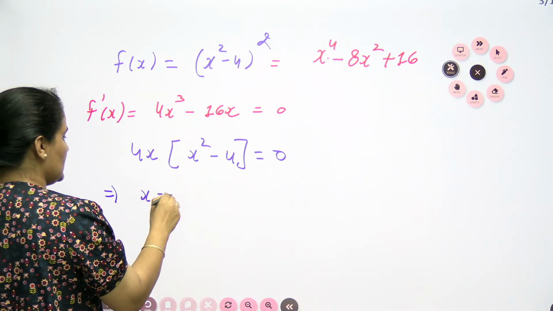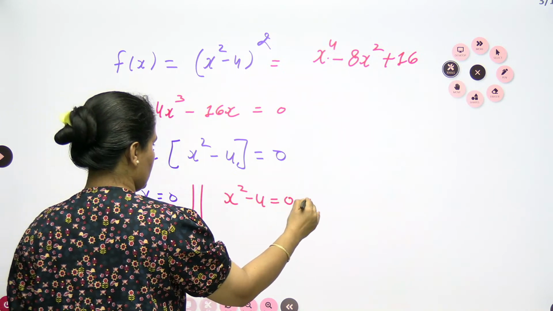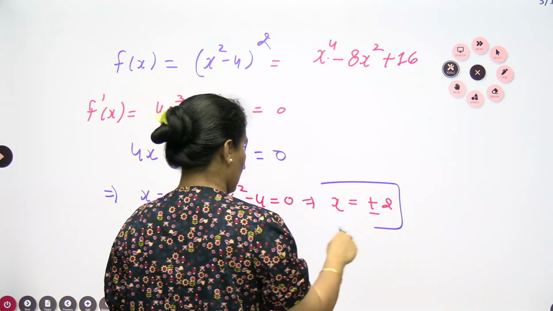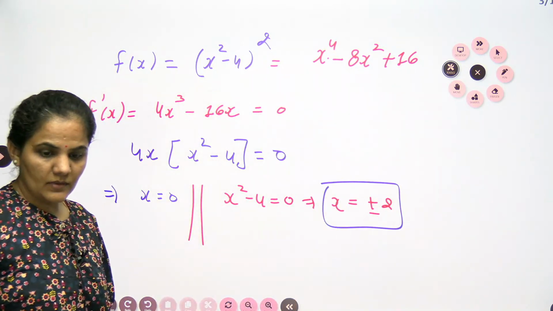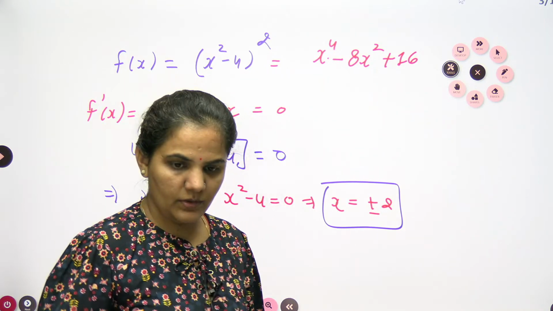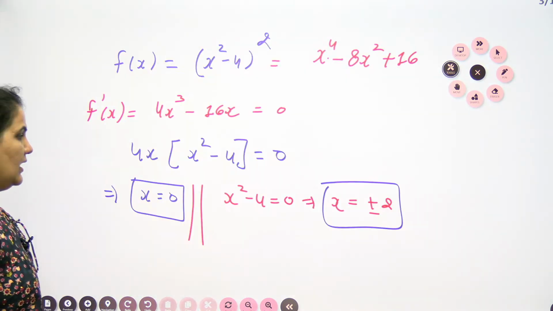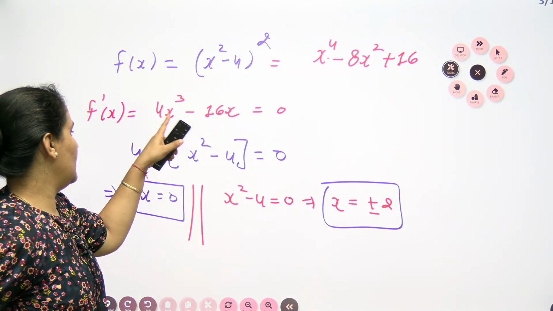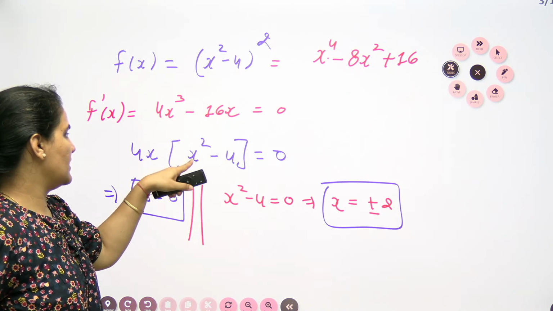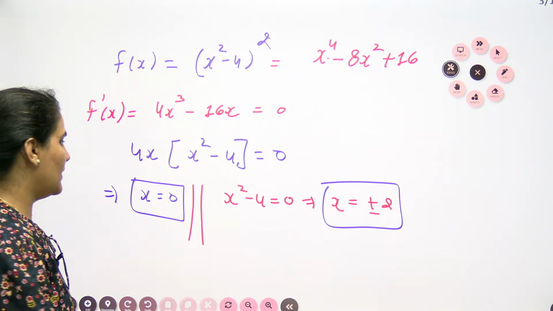My first root is x equals 0, and the next root comes from x square minus 4 equals 0, which gives x equals plus minus 2, since x square equals 4. So we have three roots: 0, plus 2 and minus 2.